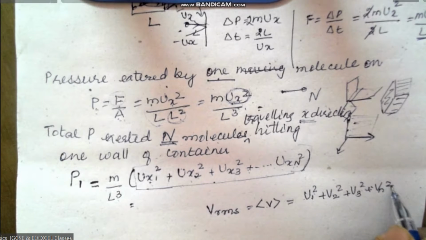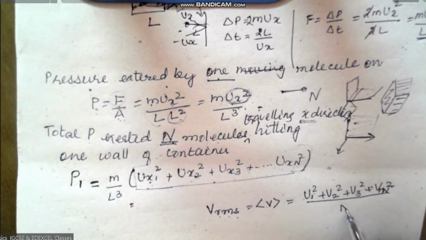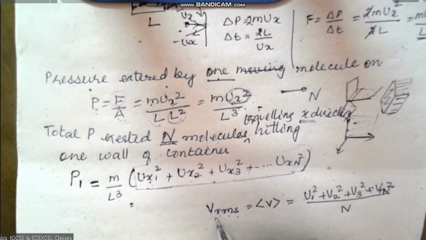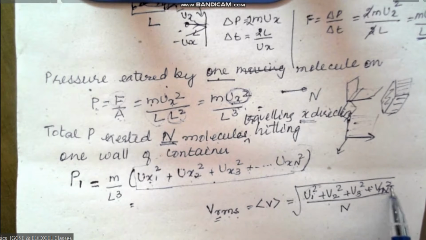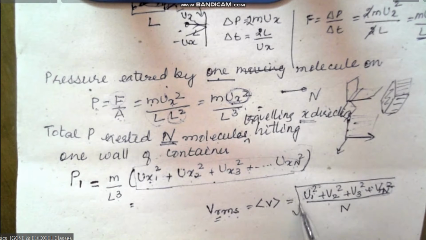V1 square plus V2 square plus V3 square up to Vn square. We square all of them, then we find the mean. There are n number of molecules, so we divide by n. Then we find the square root. This is the formula for VRMS.